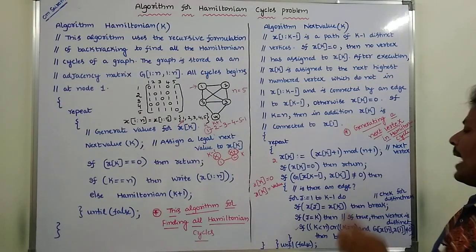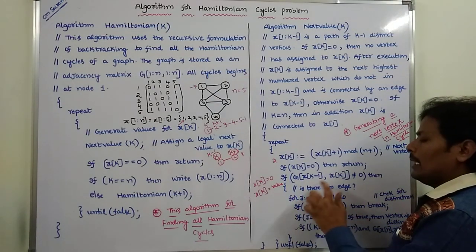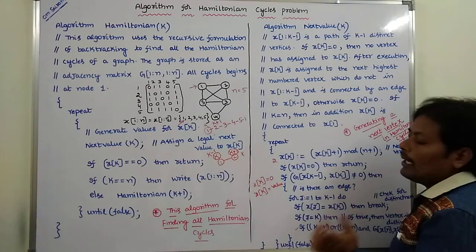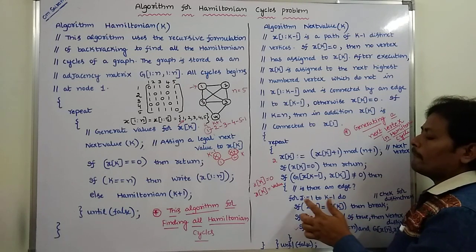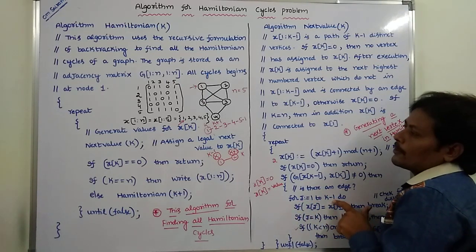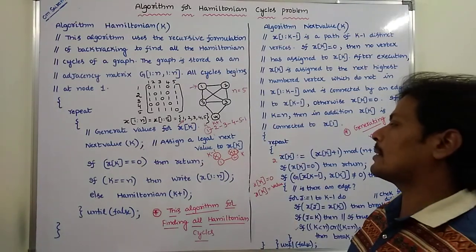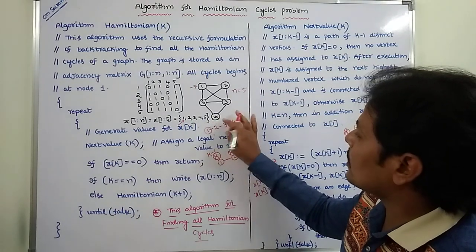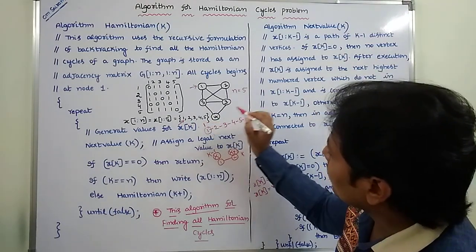Next, brace begin. If this condition is true, that is, both are connected by an edge, brace begin, for j is equal to 1 to k minus 1. This process continues. K value started with 1.